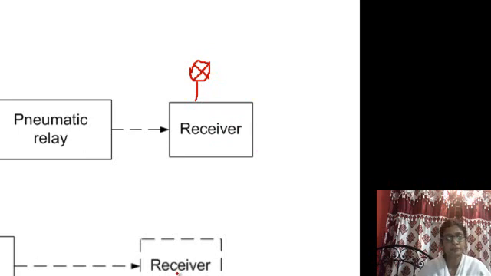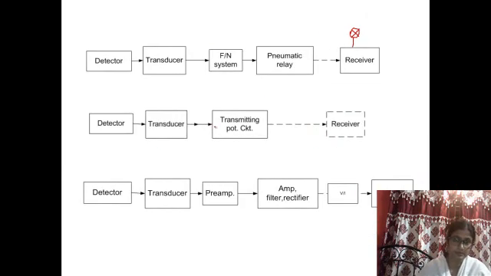For an electrical type transmitter, again there is a detector and this transducer is an electrical type transducer. Then there is a transmitting potentiometric circuit.